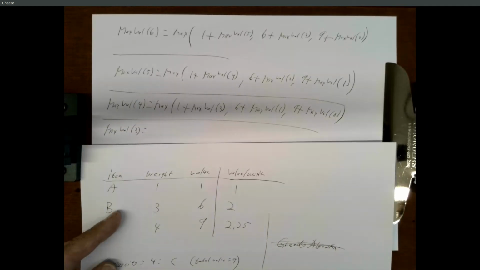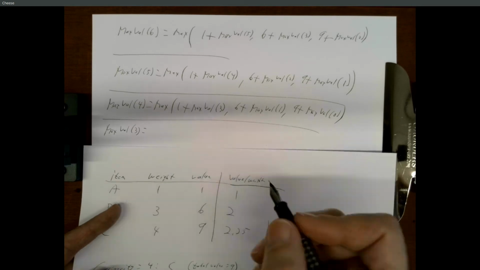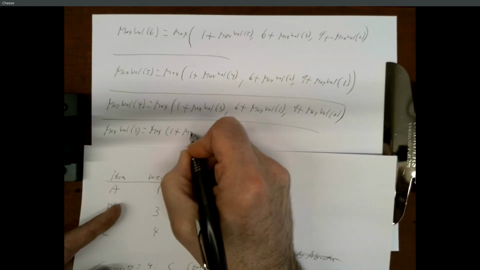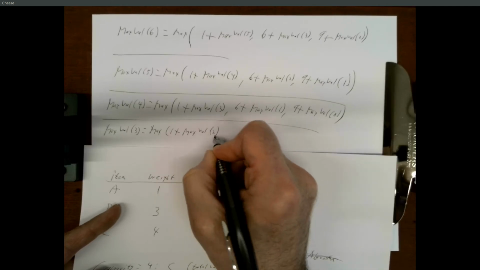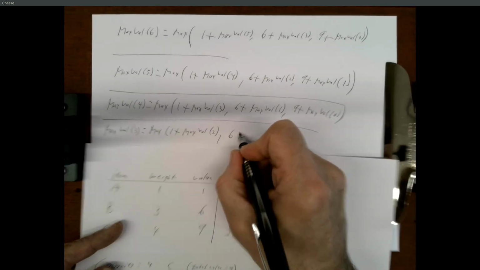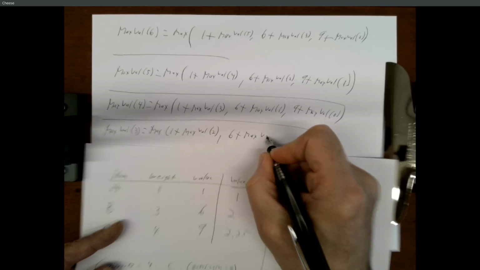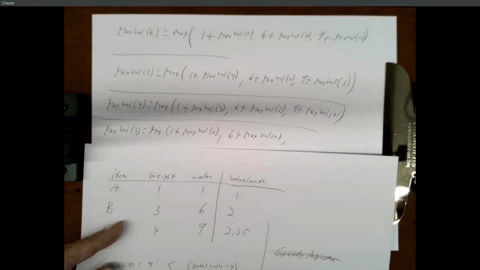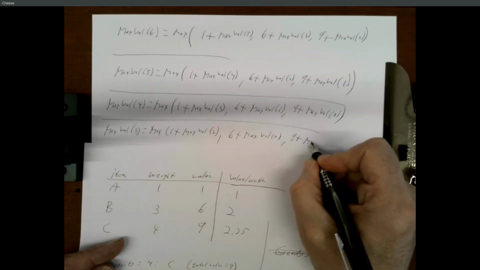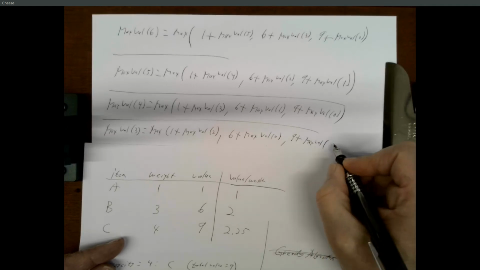So if our bag can hold 3 items, we can put in item A first. It gives us $1 and leaves 2 pounds of capacity. We could put in item B, which gives us $6 and leaves no capacity. And if I follow this algorithm blindly, we could put in item C, which gives us $9 plus max val of -1.